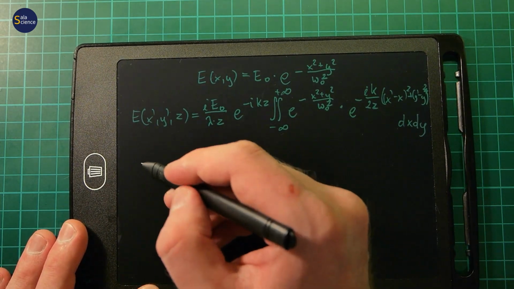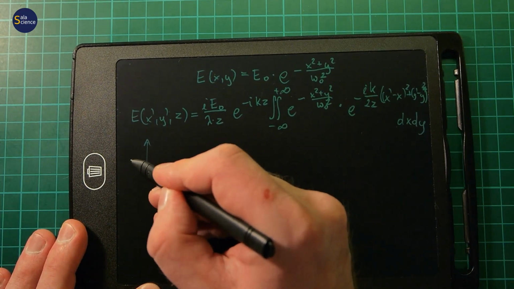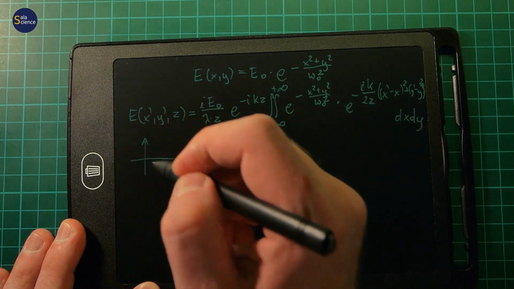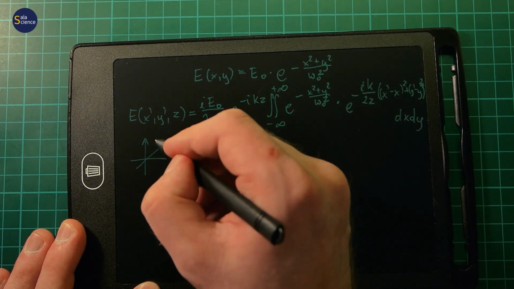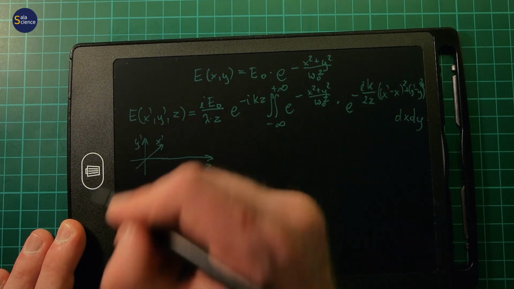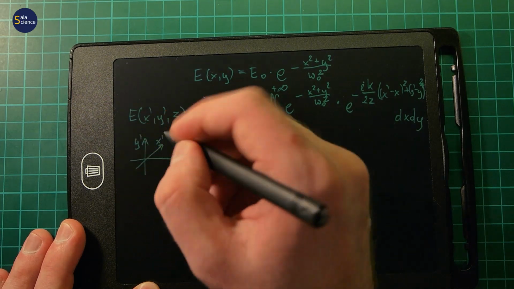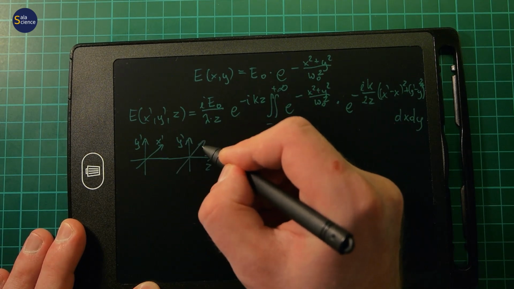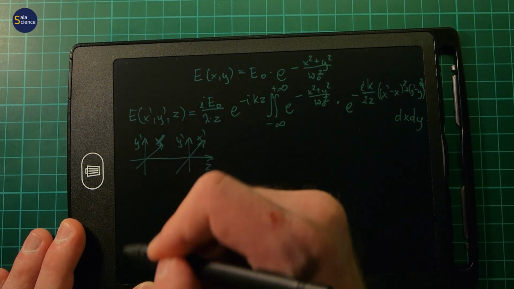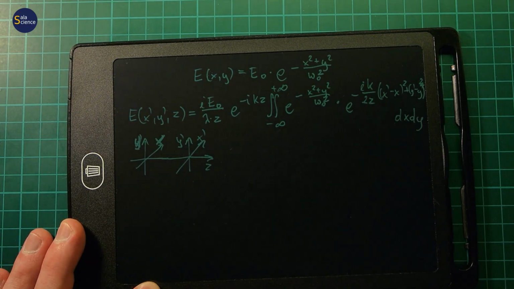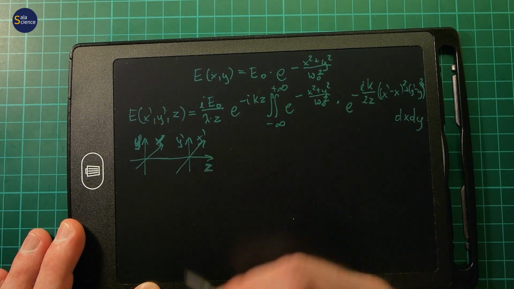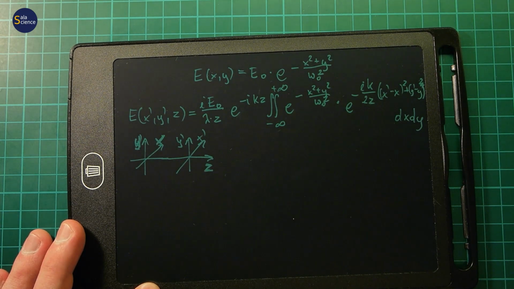So we have 2 planes. Here we have z, here is x prime, y prime, and here is x and y, and here is x without prime, and here is y. Okay, so we have the x, y plane and the x prime, y prime plane. The propagation direction is z.